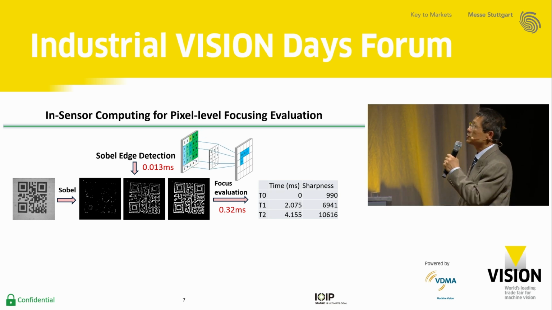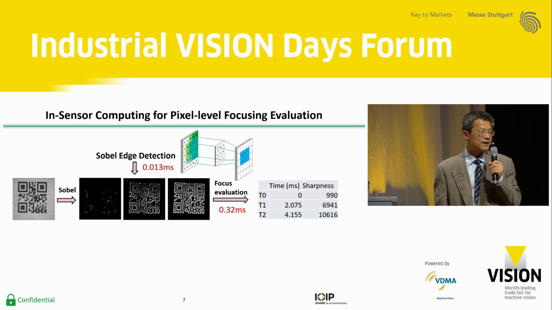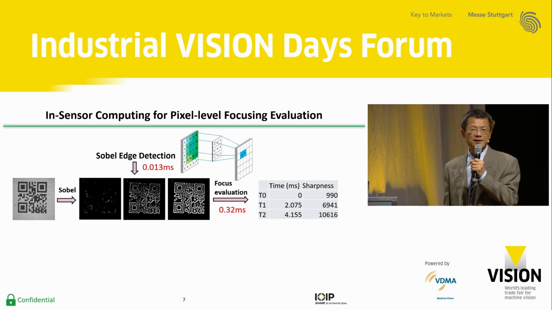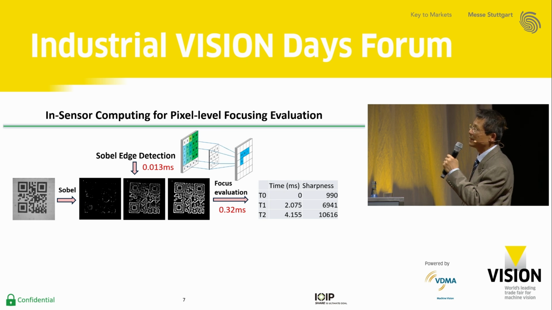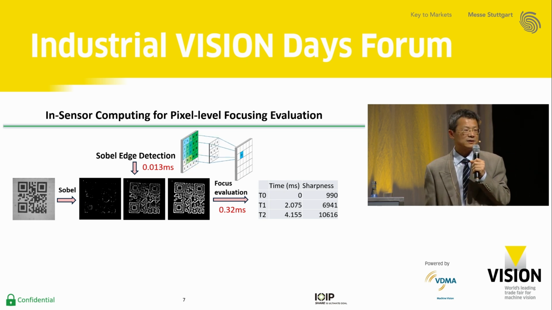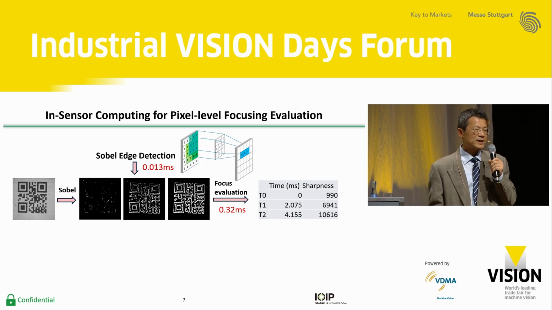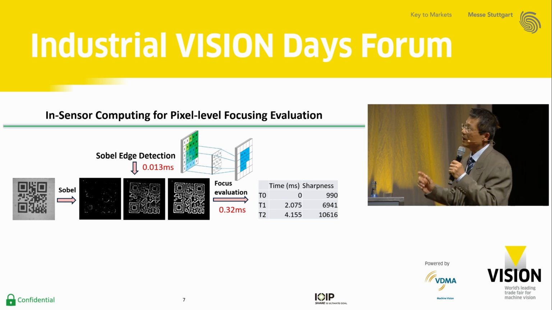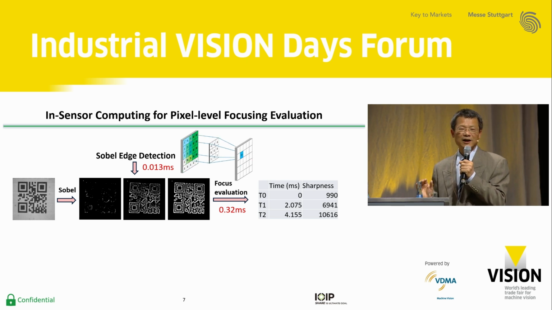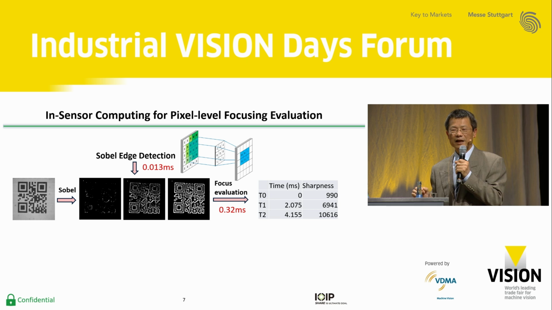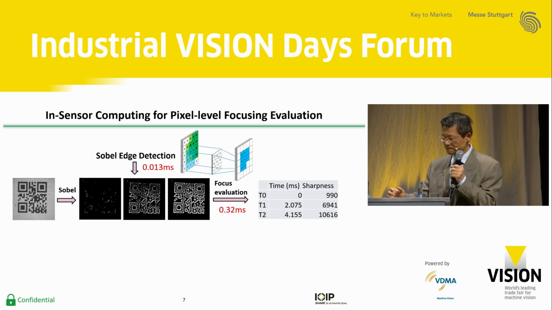After another 2.08 milliseconds, we got more than 10,000, I mean the sharpness index. So in a little more than 4 milliseconds we get the edge. For a traditional imaging system, in 4 milliseconds it is only about to finish the exposure. The PC has not even received the image yet.